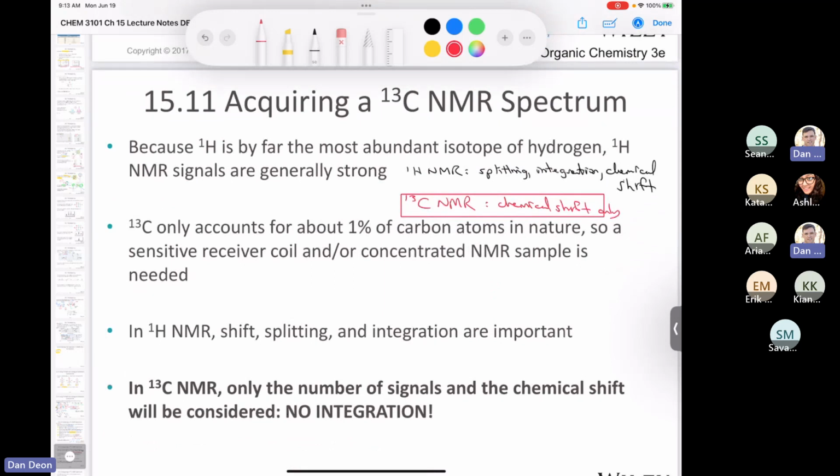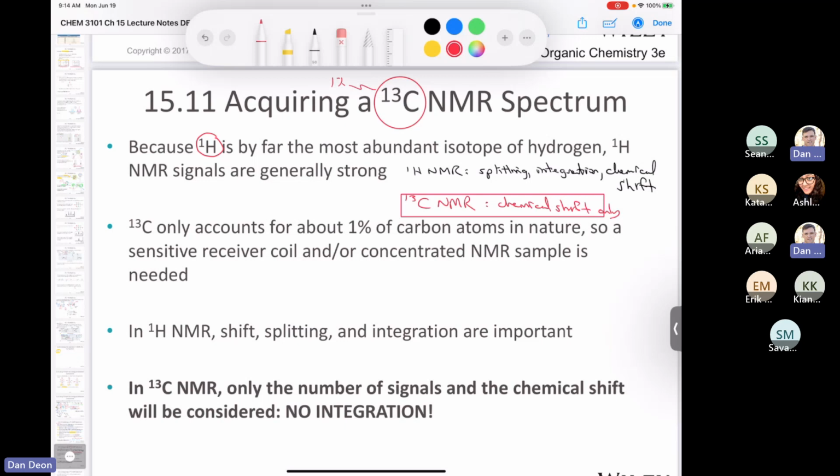So NMR signals are really strong for proton, and that's because hydrogen-1 is by far the most abundant isotope of hydrogen. But remember, carbon-13 is only about 1% abundant. So if you run a sample that's 1 gram, that means only 10 milligrams of it is going to have carbon-13 atoms, right?